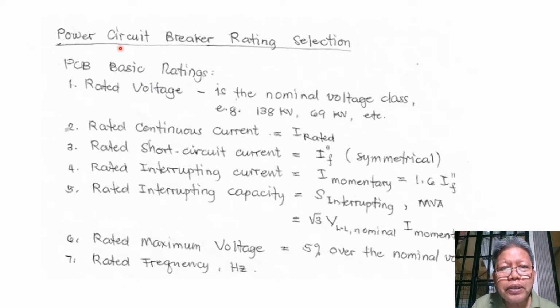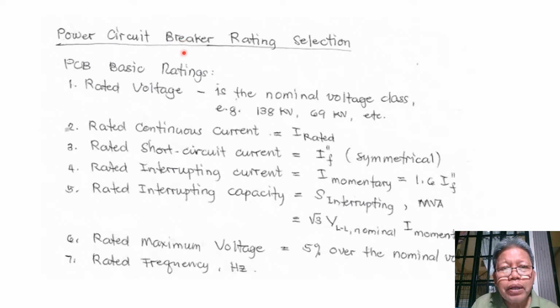Now in lecture 10, we have discussed three-phase short circuit, and we know that short circuit currents are at high values, which if not interrupted, will cause damage to our equipment, the generators, the transformers, and so on.